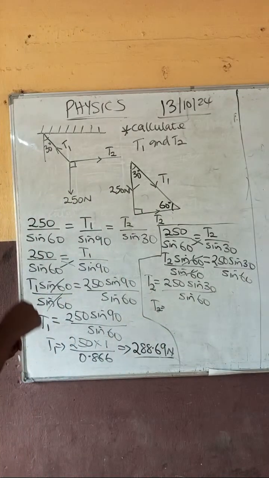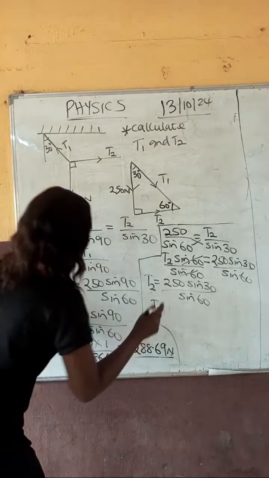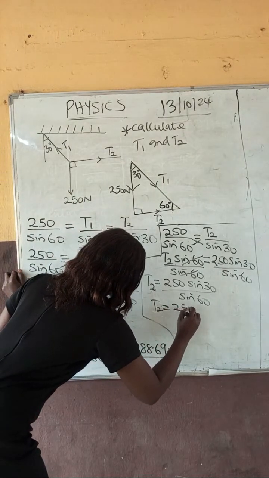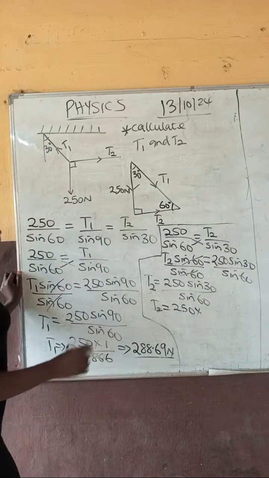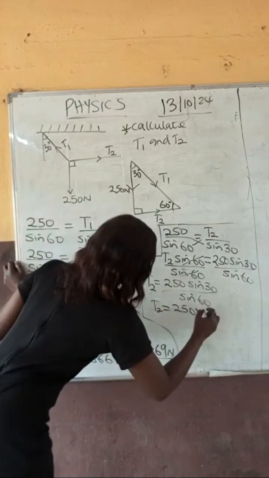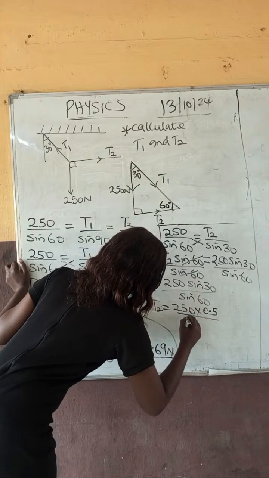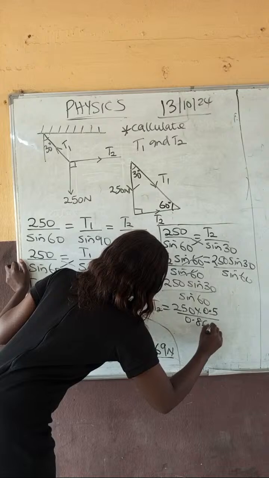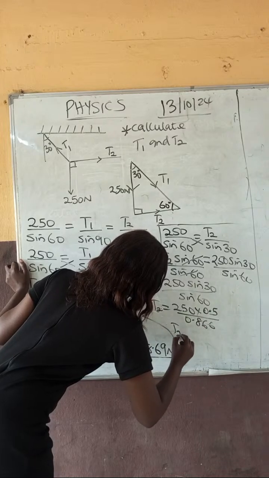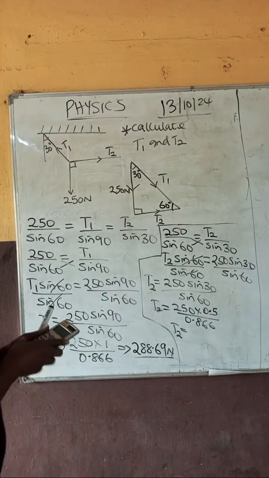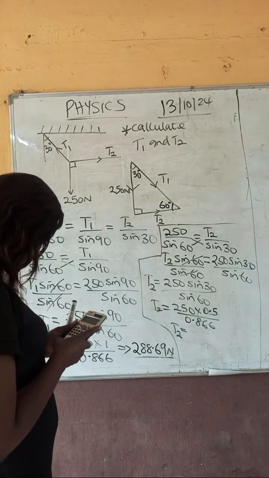So let's multiply. All right. We have 250 times sine 30, which is 0.5, divided by sine 60, which is 0.866. All right, let's multiply.